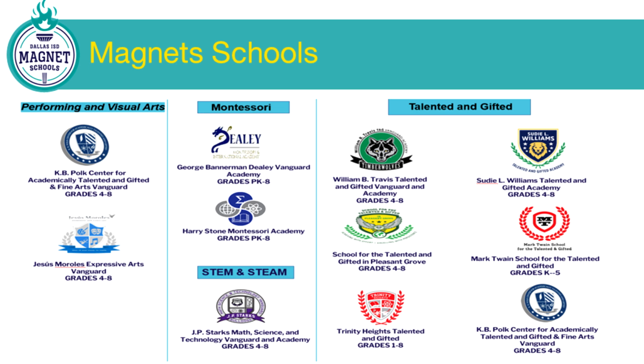Good morning. My name is Nancy Rubio, and I'm the magnet coordinator. So our programs focus on different areas. Our talented and gifted programs are more academic based, so they strongly focus on math and science, where some of our other programs may focus on a career or a certain area, such as leadership or the arts.